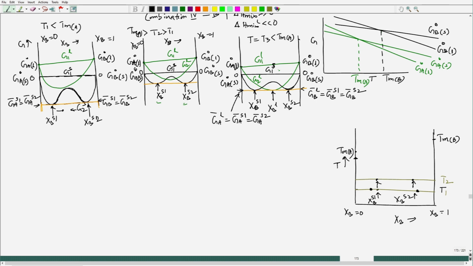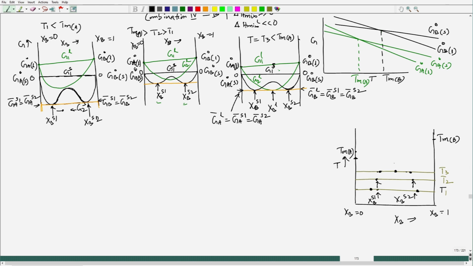Okay. And we can actually pinpoint those points over a temperature T3. So, let us say this is my T3, and I get those compositions. This is the liquid one, this is the solid one, this is another solid. So, I can place one here and another one here.